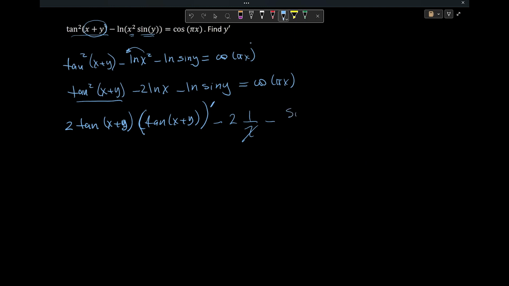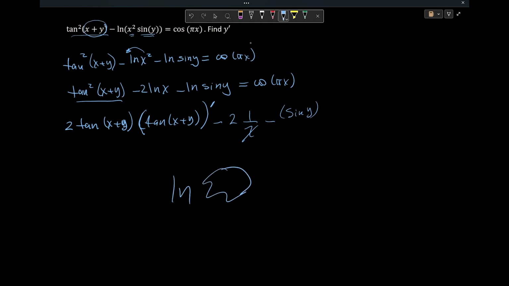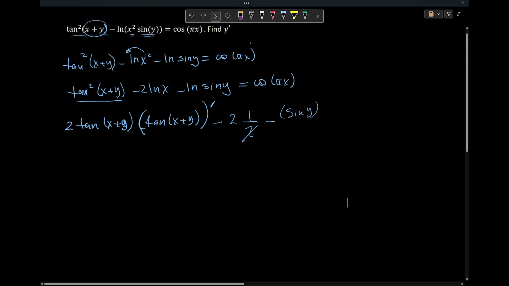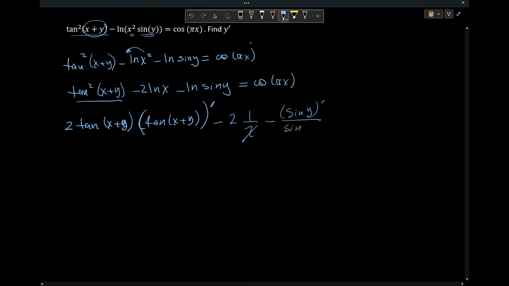So it's the derivative of the argument. This is called ln of something. This is called the argument of the log. Sine, cosine, tangent, cotangent of something, this is called the argument of the sine. Same thing with the exponent. So it's the argument of the log prime over the argument itself.